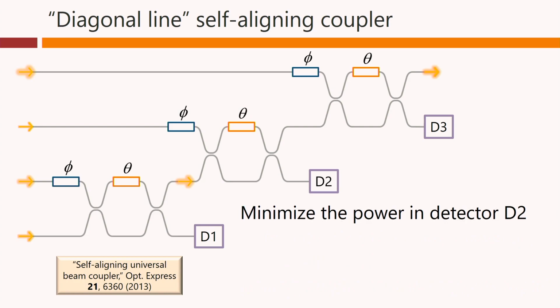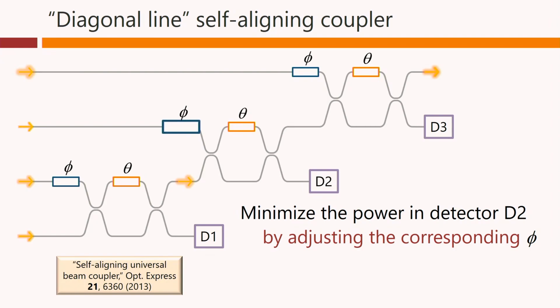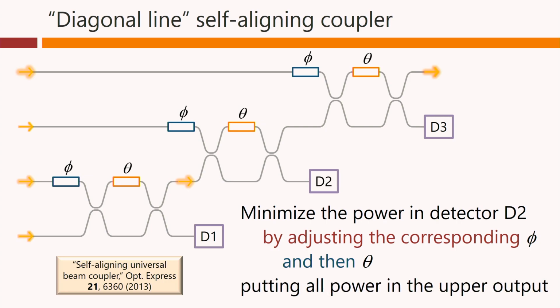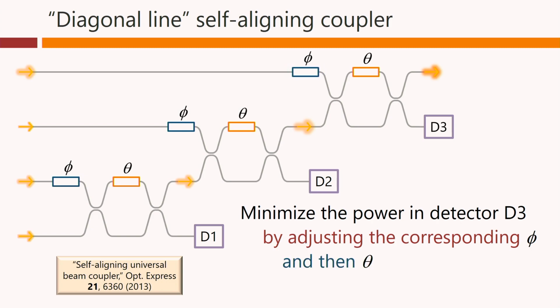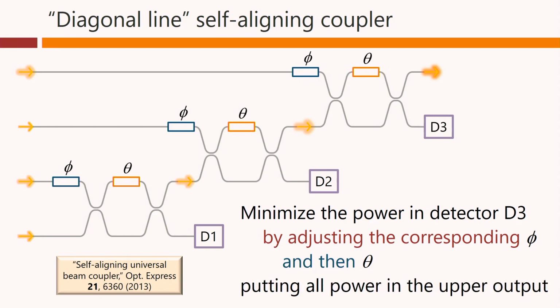Then we minimize the power in detector D2, that's this one here, by adjusting the corresponding phi and the corresponding theta, again to put all the power in the upper output now of this Mach-Zehnder, which also changes the power at the top right. Finally, we minimize the power in detector D3, this one here, by adjusting the corresponding phi and then the corresponding theta to put all the power, now the total input power, in the upper output.